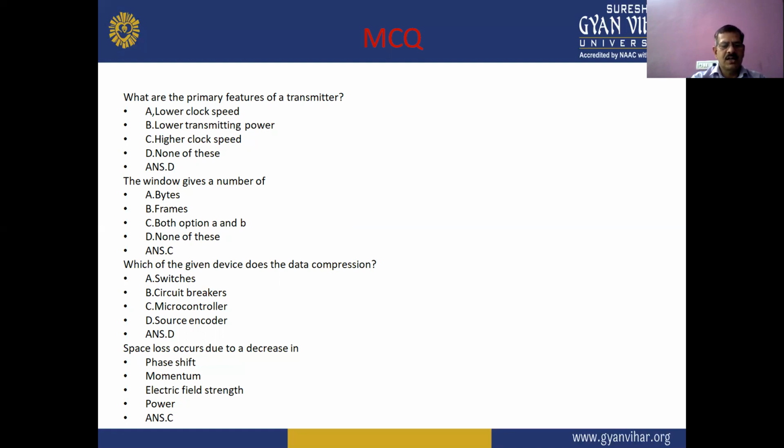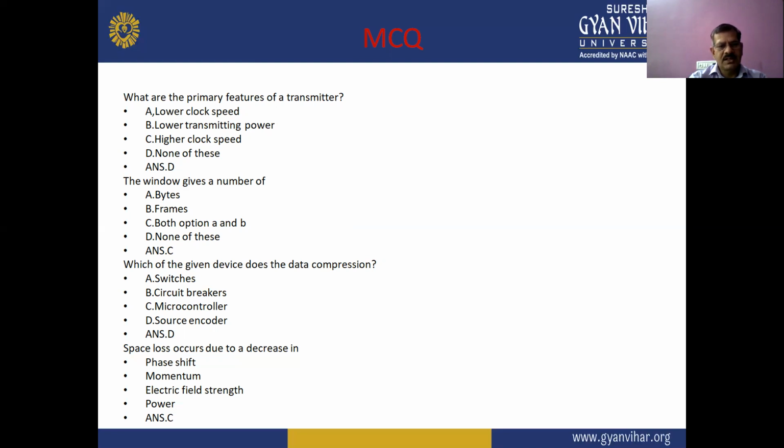So here the correct option is D, because the source encoder takes the data, and the function of the source encoder is the compression of the data or signals. So the correct option is D, source encoder.